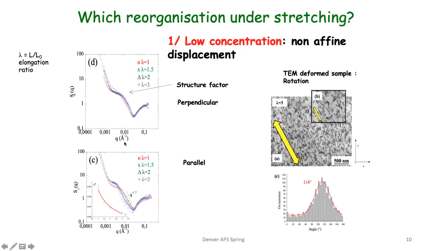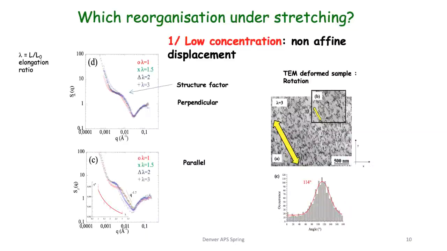Meanwhile, on the parallel direction, along the deformation, you see clearly some changes, and the shift of this peak in the structure factor is following a curve which is close to an affine deformation. So we have a contradiction between the 2 different directions, which can maybe be partly understood by the fact that you have some rotation of the different clusters.